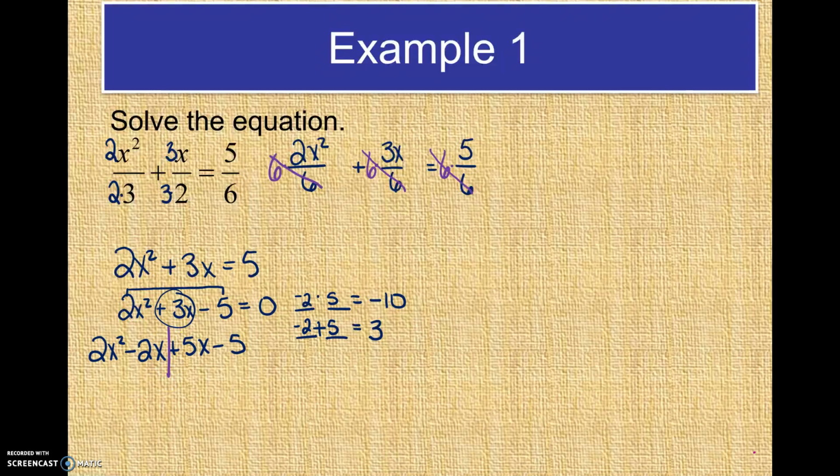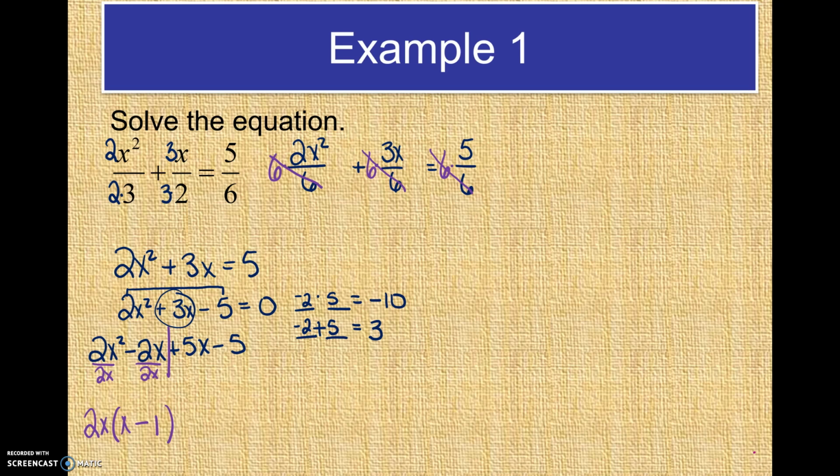Group it. You split it down the middle into 2 groups. What does that first group have in common? 2x. And a lot of you really benefit from the visual of saying divided by 2x to both of those terms. What would be left in the parentheses? X minus 1.